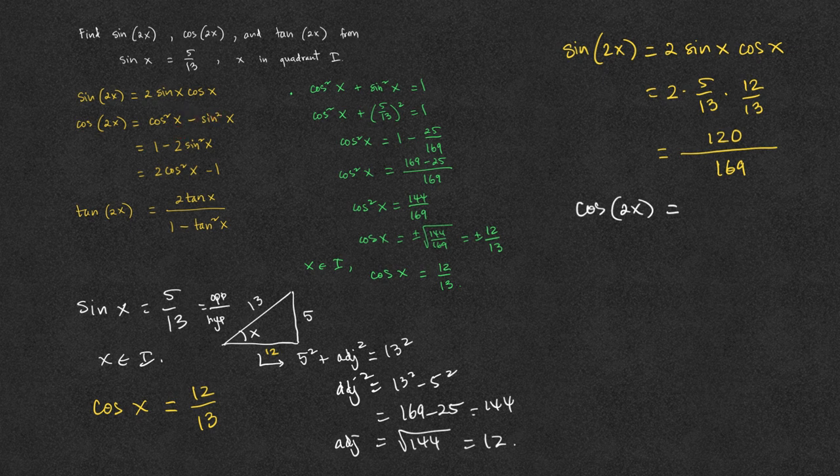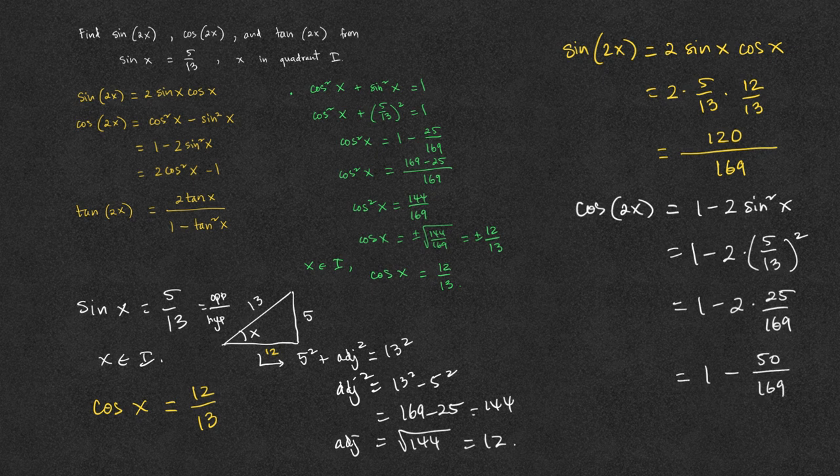In this case, since sine of x is given, we're going to use 1 minus 2 sine squared of x for cosine of 2x. Sine of x is 5 over 13, and we need to square this. This is 1 minus 2 times 25 over 169, which is 1 minus 50 over 169.